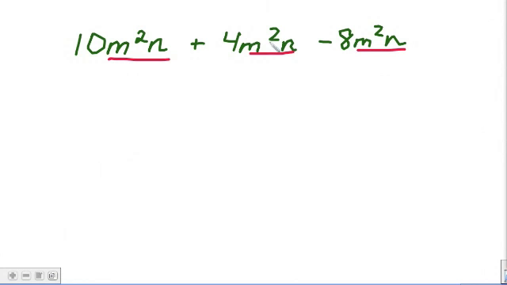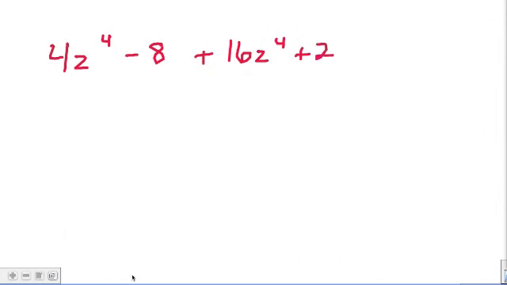So we just go from left to right. Don't jump around. Remember, PEMDAS, it's always left to right. So what's 10 plus 4? Well, that gives me 14. Then we have 14 take away 8. 14 take away 8 is going to give me 6m squared n. And there, you have a single answer. That one is as far as you can go. All right.